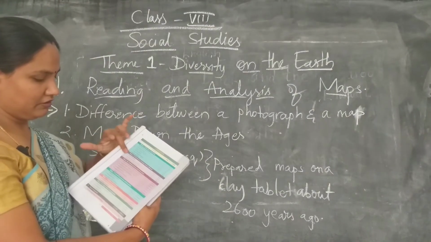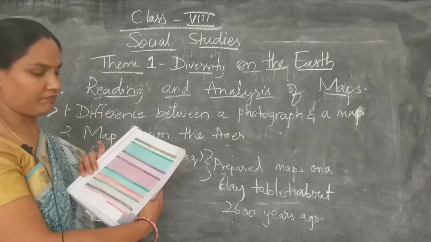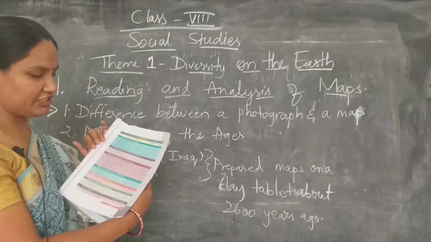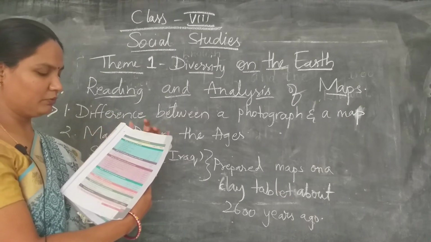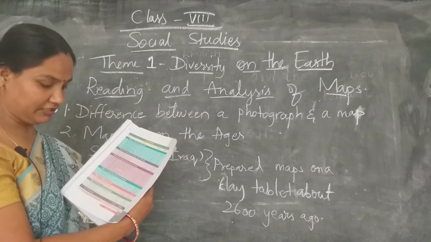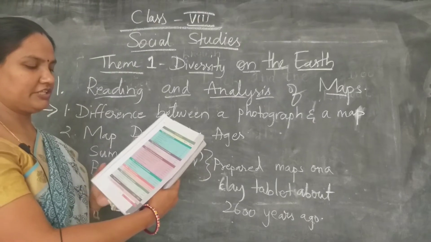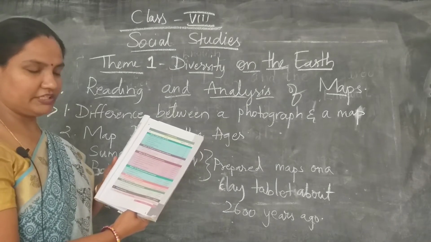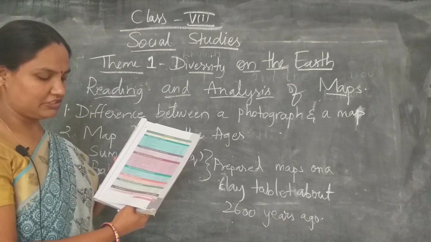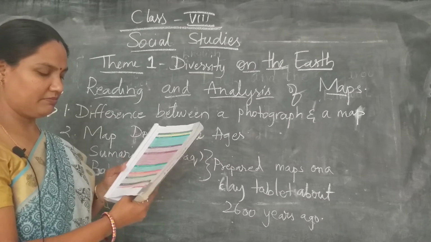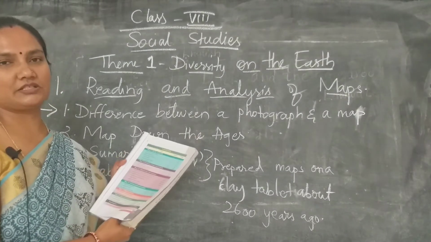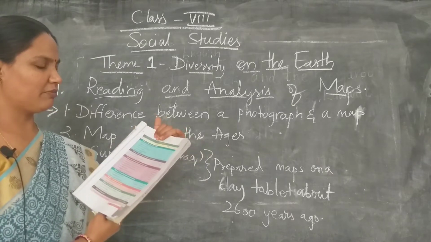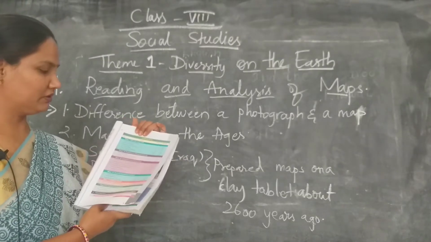You have 6 themes: diversity on the earth, first theme; production, exchange and livelihoods, second theme; political systems and governance, third theme; social organization and inequities, fourth theme; religion and society, fifth theme; culture and communication, sixth theme; and the last is disaster management.